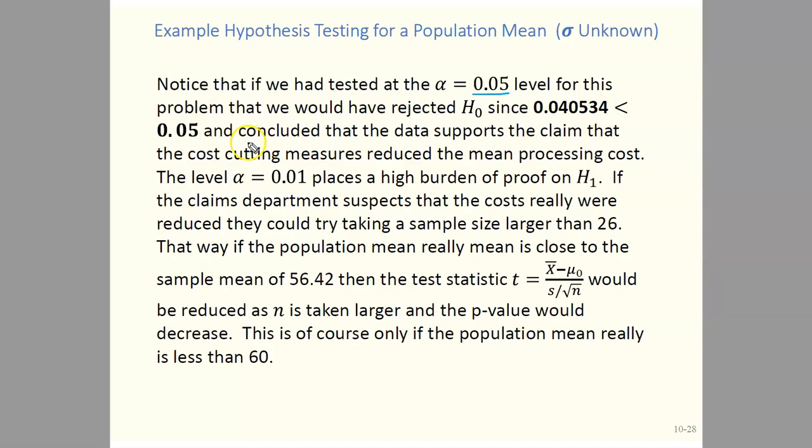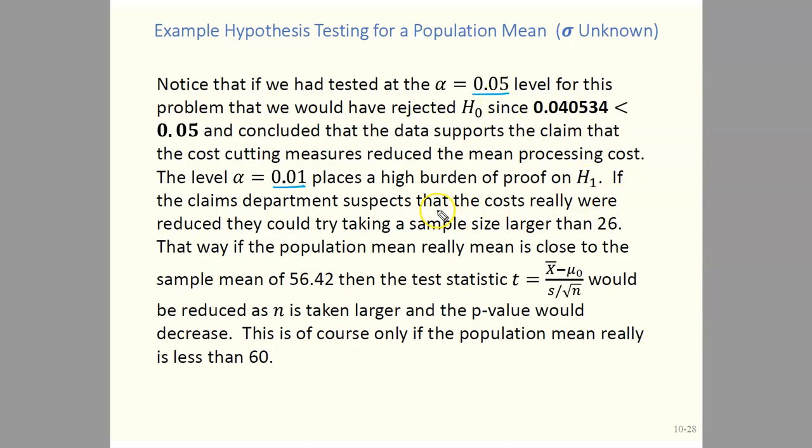So then we would have concluded that the data really does support the claim that the cost-cutting measures reduce the mean processing cost. So in other words, at the level we used, 0.01, that places a rather high burden of proof on the alternate hypothesis, whereas using the level 0.05 places less of a burden on H1.